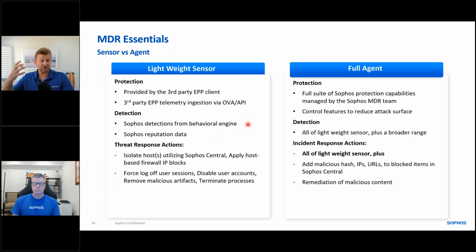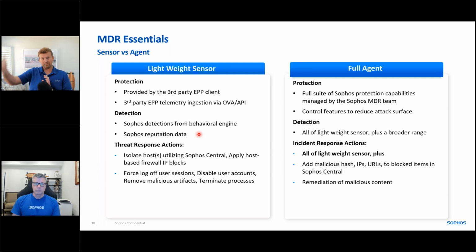So we do our own detections, detections only, not protection. We monitor the behaviors of what's being run and what the network connections are, and we also have our reputation data going into that as well. So we can make our own detections and cases purely based off our sensor alone. That's a really good sensor, and we can pick up a huge amount from that.